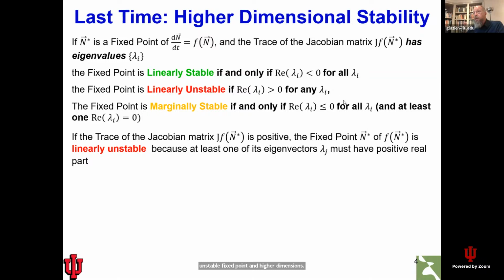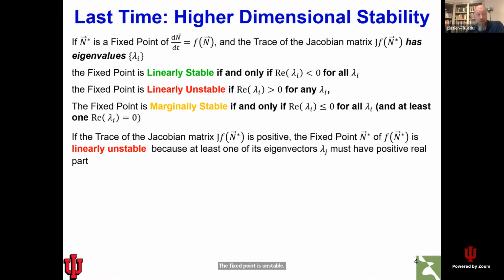The theorem that the real part of the eigenvalues has to be negative tells you that if the trace of the Jacobian matrix is positive, then the fixed point is unstable. Why is that?